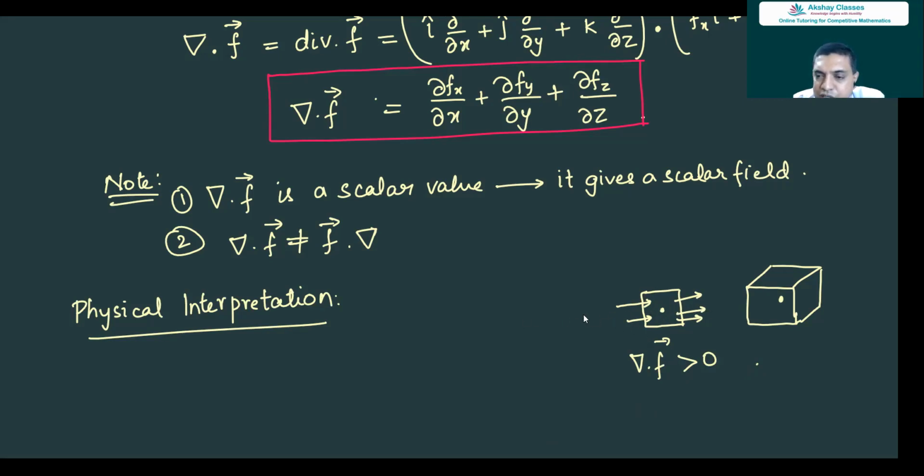If somehow this inflow is lesser than the outflow, then that means in this region, it is acting like a fluid source. Fluid is getting added. So you get a divergence greater than 0. But suppose the inflow is greater and the outflow is less, then that means the divergence is negative.